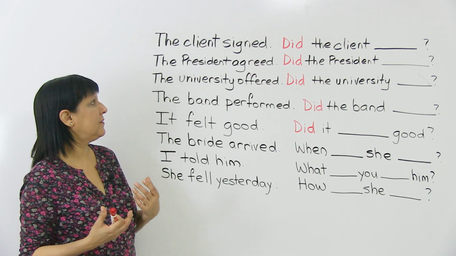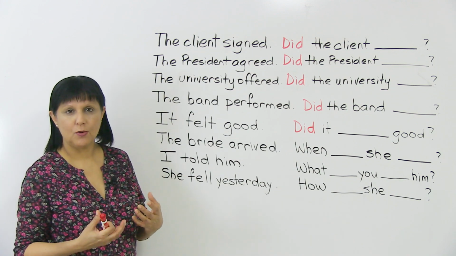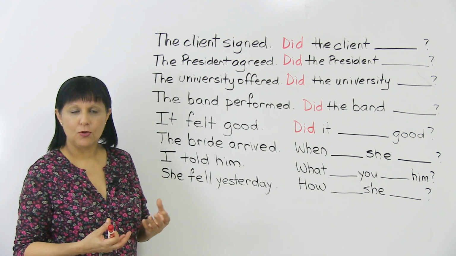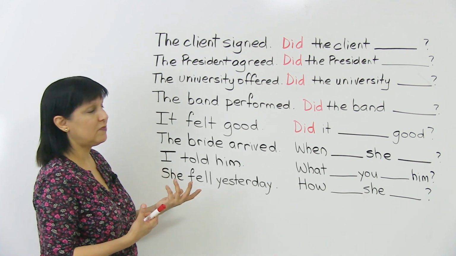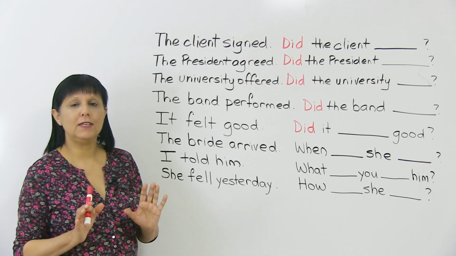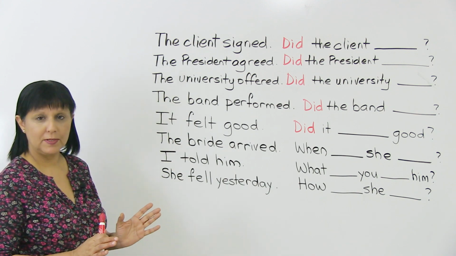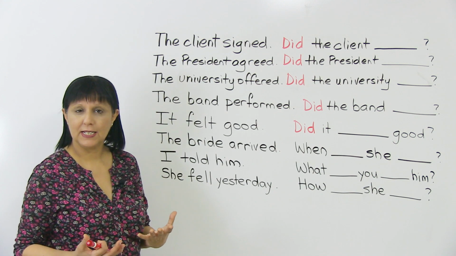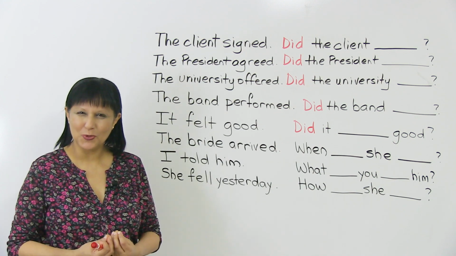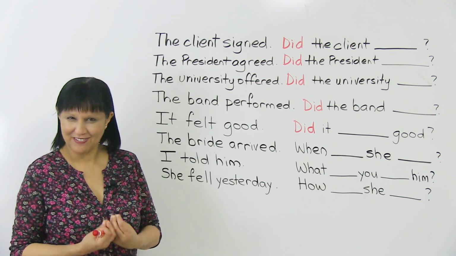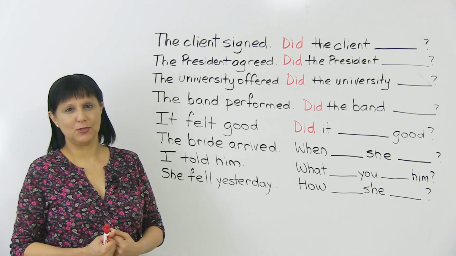It doesn't matter if I said he signed or the client signed, or if I gave a simple verb like worked, and this is a new verb, but it doesn't matter. And even if you don't know the verb, and even if you don't know the meaning, it doesn't matter. You know the principle, and so you can figure it out, right? That's what I want you to be able to do.